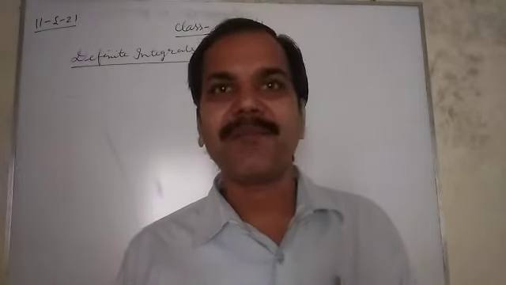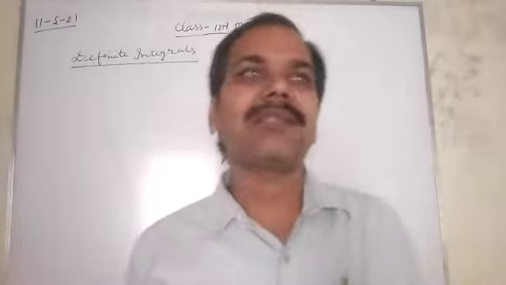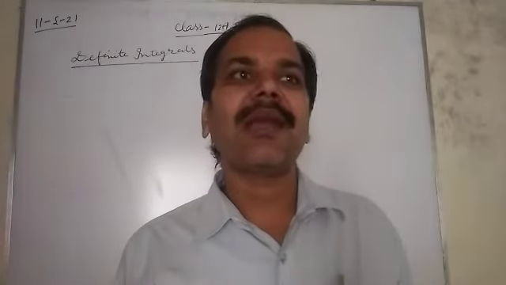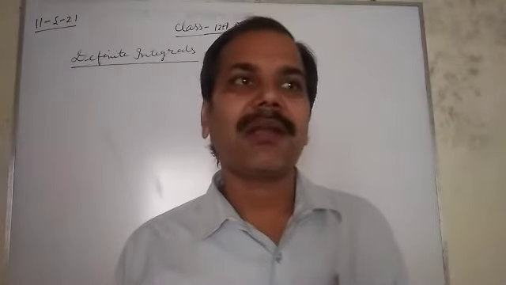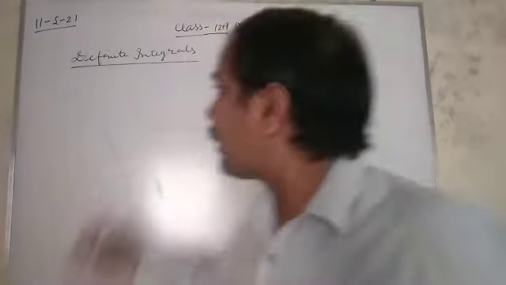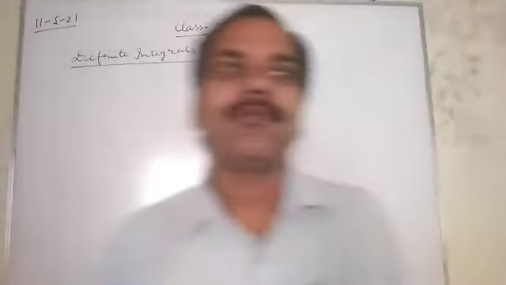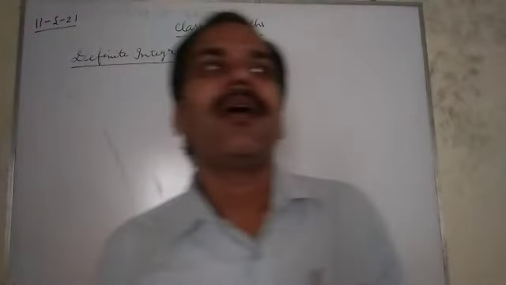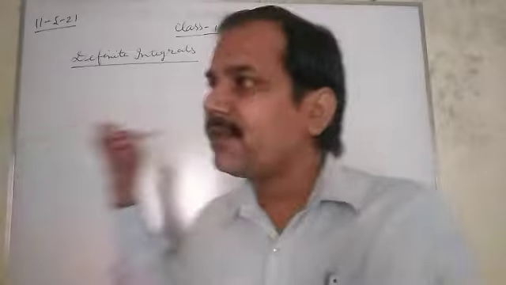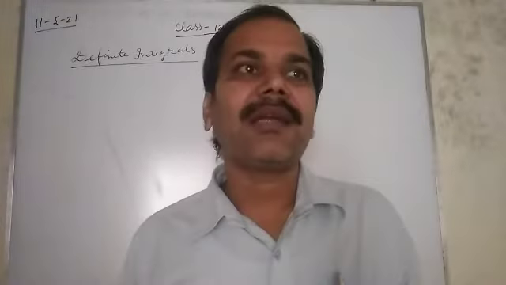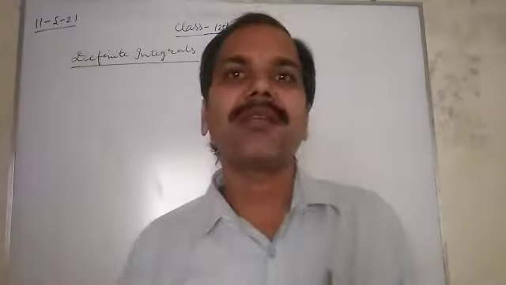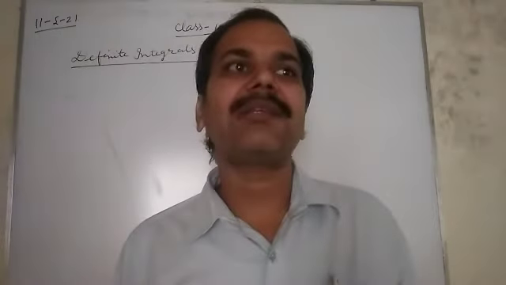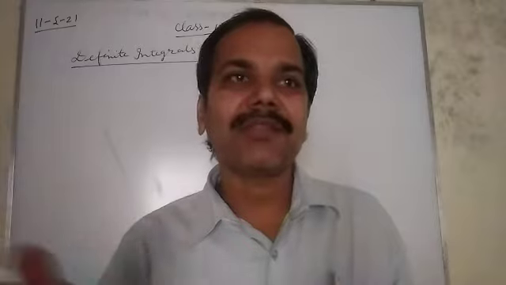But in definite integrals, that constant will not come. Why it will not come, I will tell you. Due to that, its value is fixed, which means the solution of a definite integral is one solution only.